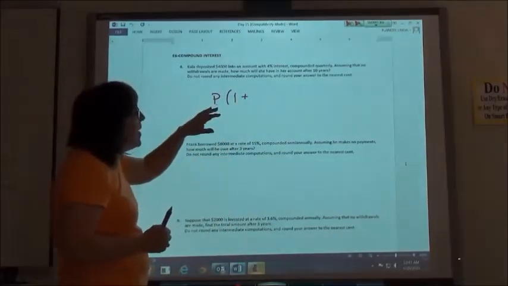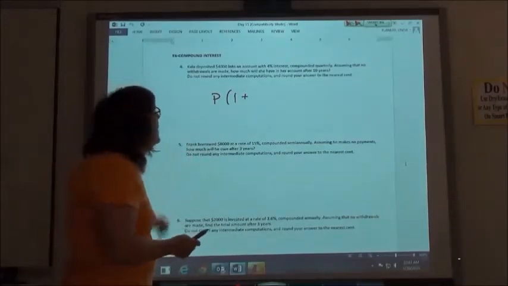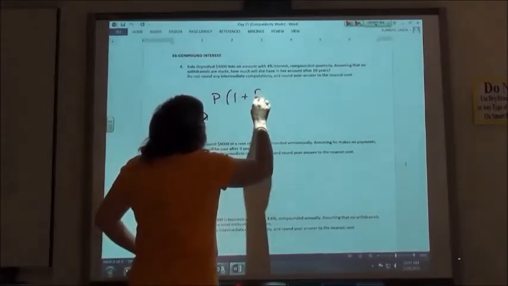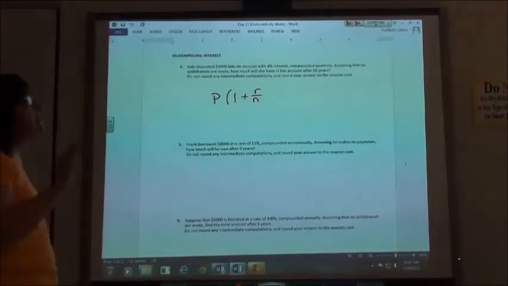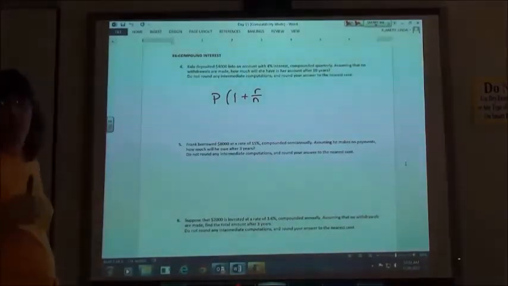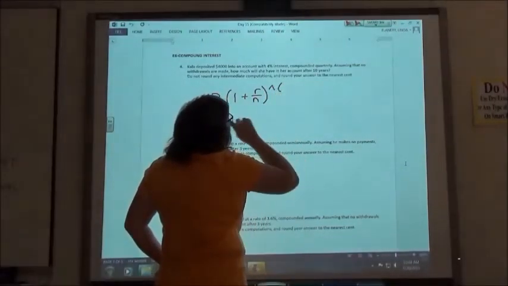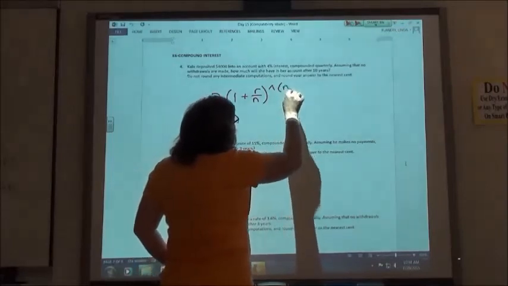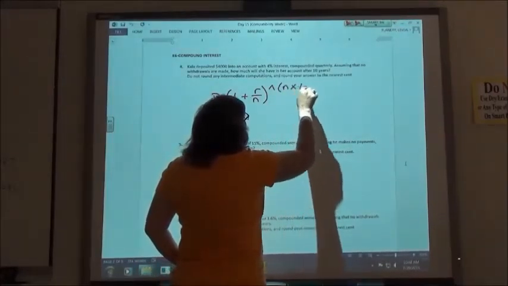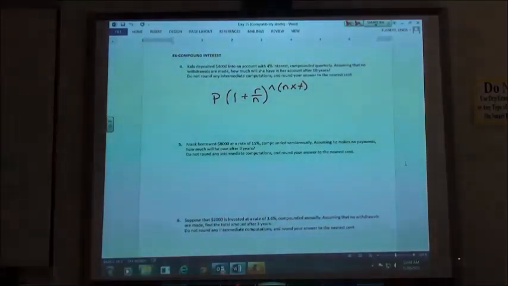Since it's not compounded annually, quarterly, monthly, something like that, you're going to take the rate divided by the number of compounding periods. 4% compounded quarterly means 1% per quarter. Then you have to do to the power, I'm going to put the caret key because that's what we're going to have to use, the number of compounding periods times the time. So if it's compounded quarterly for 10 years, it's compounded 40 times, the total number of times it's compounded.